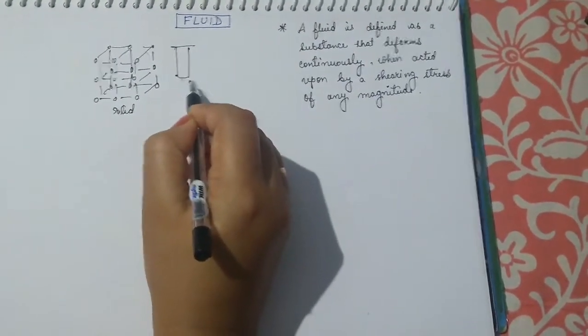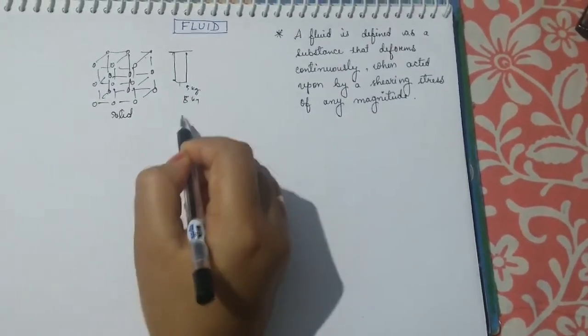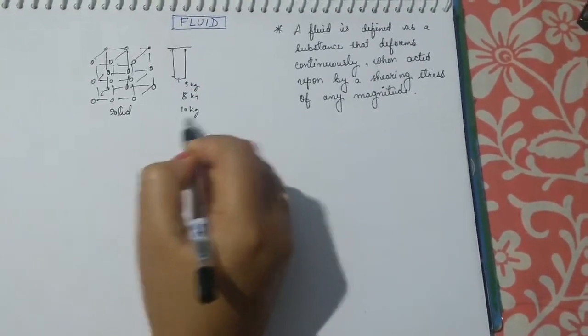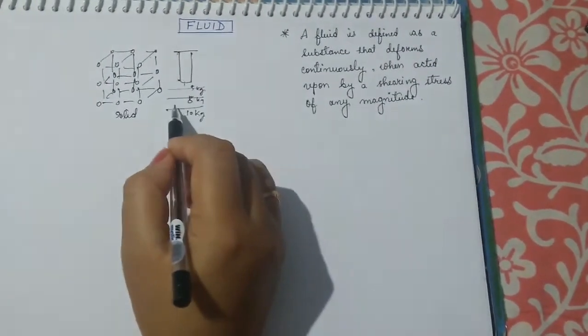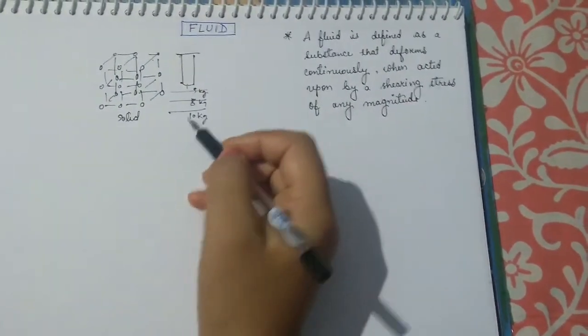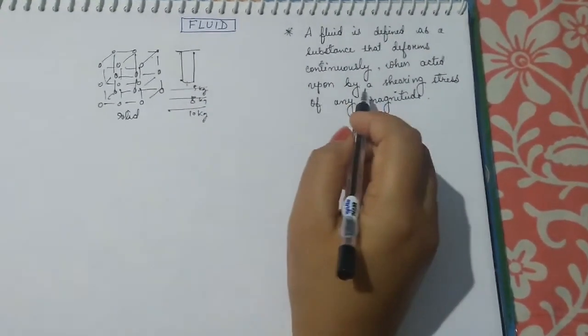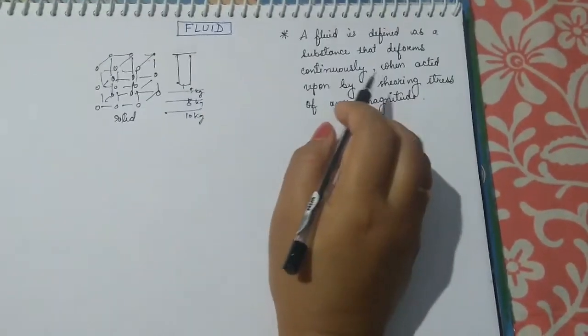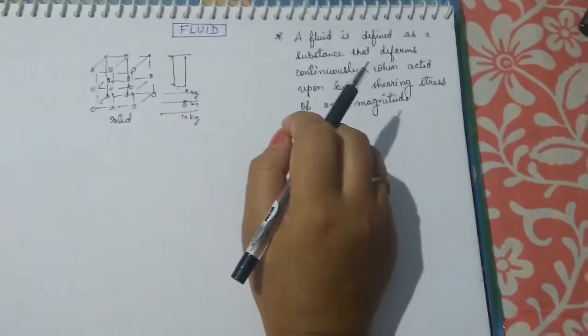If you give 5 kg, it may not change. If you give 8 kg, it may not change. If you give 10 kg, then only it will change. So there are certain limits; up to 8 kg it is not going to be affected, only after 8 or 9 kg. But in case of fluid, whatever magnitude you apply, it will show some kind of change. That is the difference between fluid and solid.